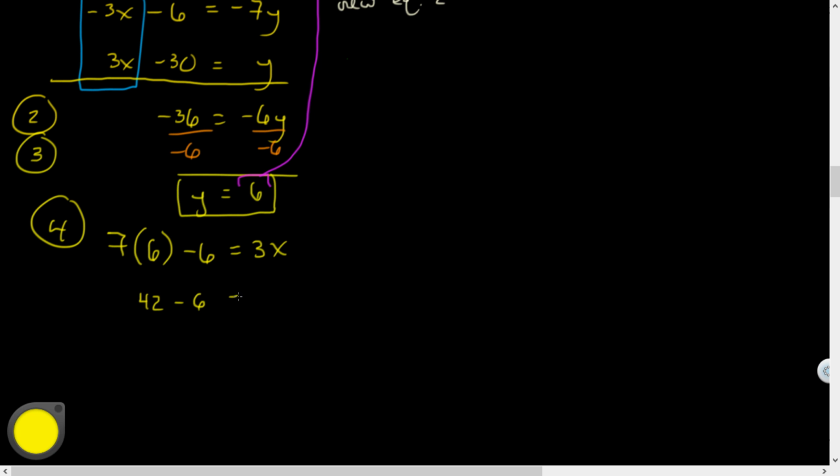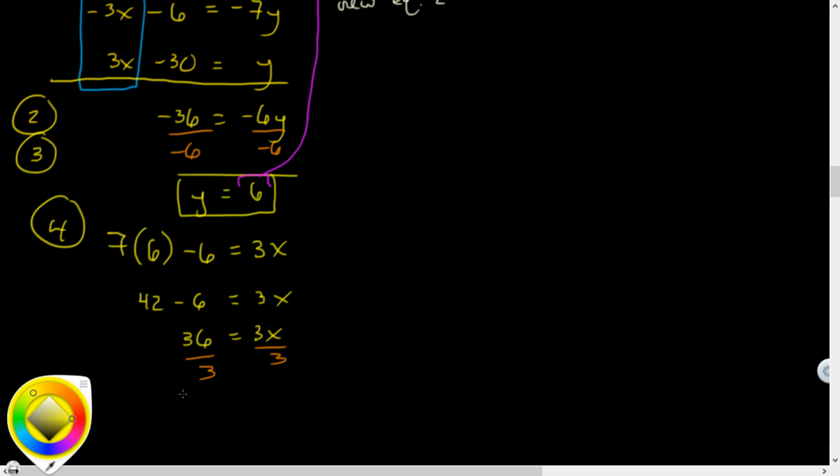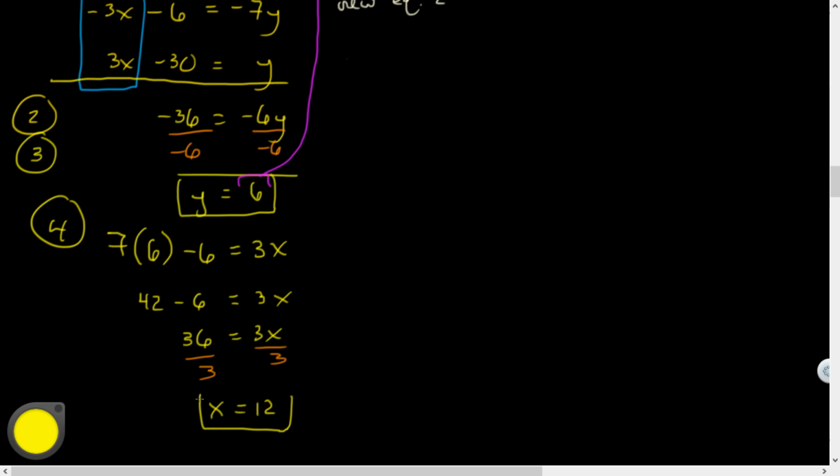I always get confused on that one. 42 minus 6 looks like 36. How do I get x by itself? Divide by 3. I'm going to get x equals 12, since 36 divided by 3 is 12. So my solution is 12 comma 6.